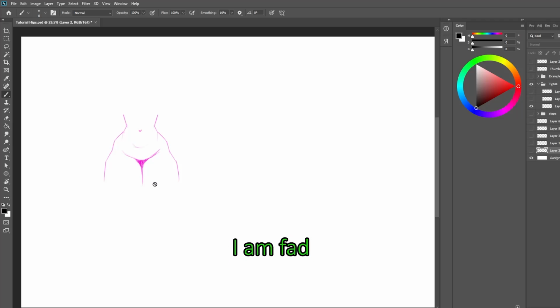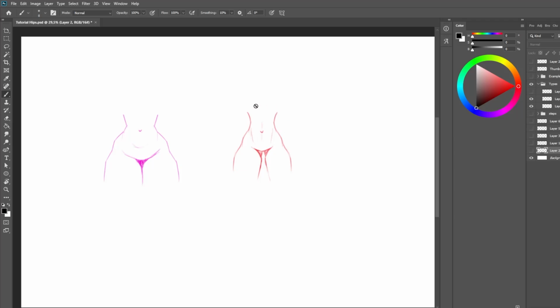And since I am fat, I'm allowed to say that. It's a fat pass. This is more like a normal person, but obviously not completely realistic. But you know what we are doing here? It's called art.